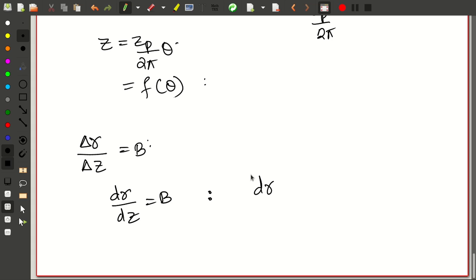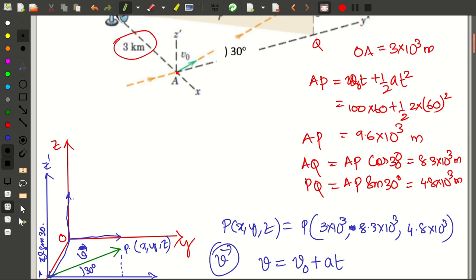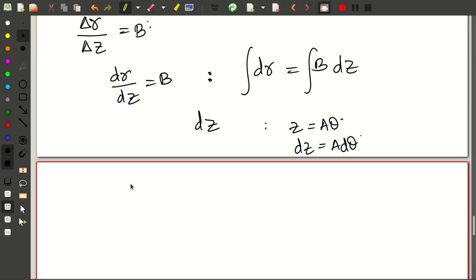So integration of dr equals integration of B dz. Now dz, you know what z is equal to. I'm writing it in terms of a only: z equals a theta, so dz equals a d theta. Now I can substitute it back here, so I have the integral of dr equal to the integral of B dz.